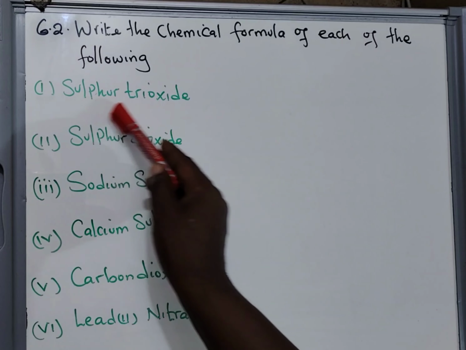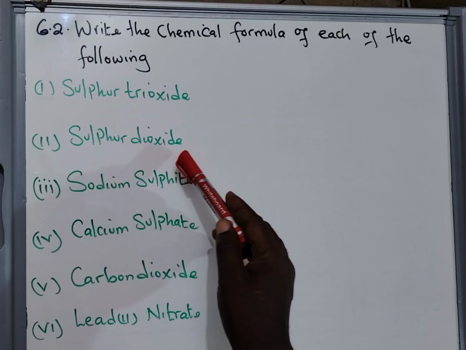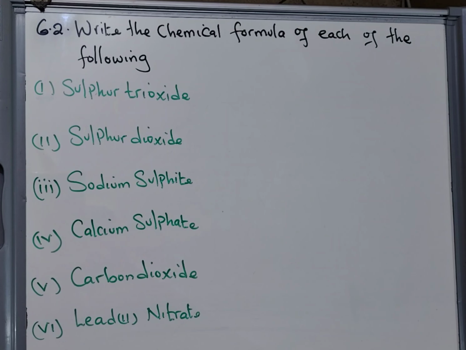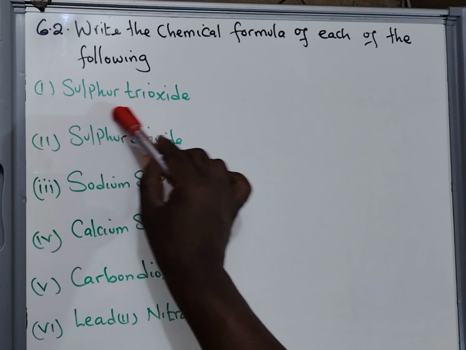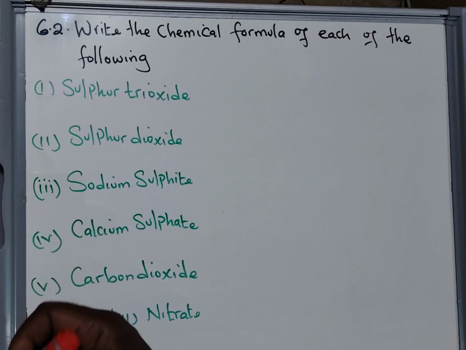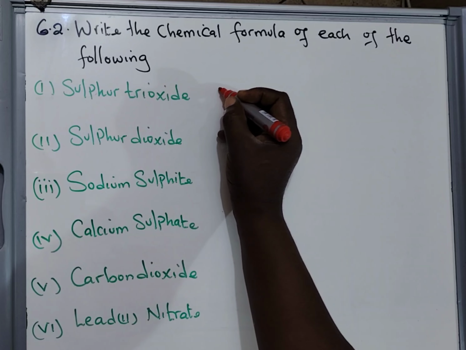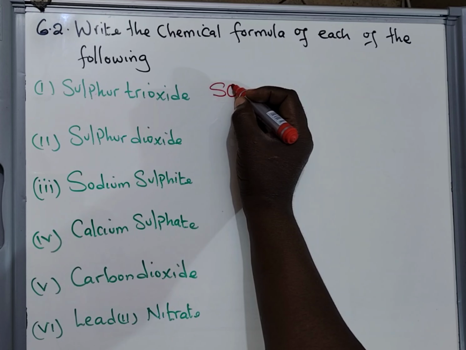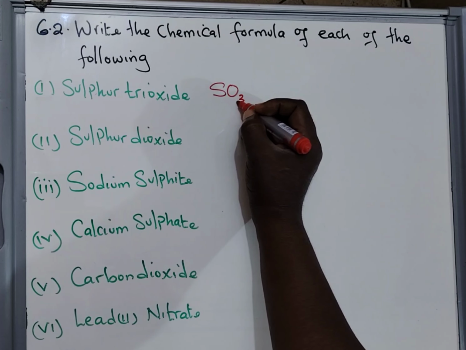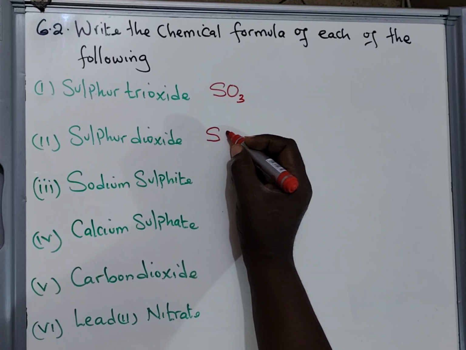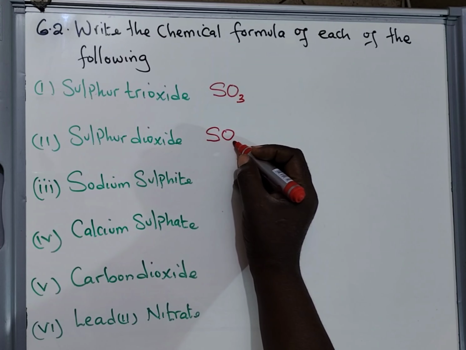With this approach to these questions, it's not necessary that you need to know the valences, but the name itself suggests how many attachments it has. So sulfur trioxide has sulfur and oxide, but 3. Sulfur dioxide has sulfur and oxygen with 2.